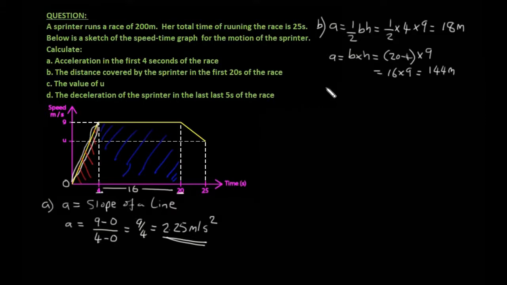So total area is equal to 18 plus 144, which comes to 162 meters. Hence, distance covered in first 20 seconds of the race is equal to 162 meters.